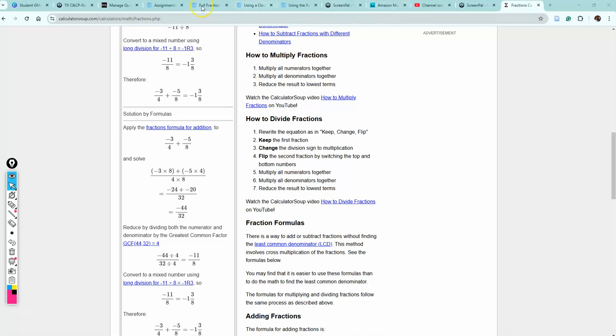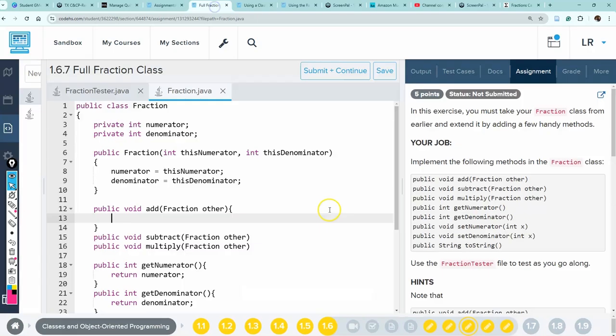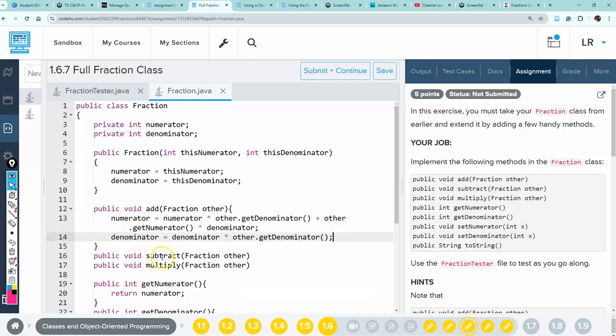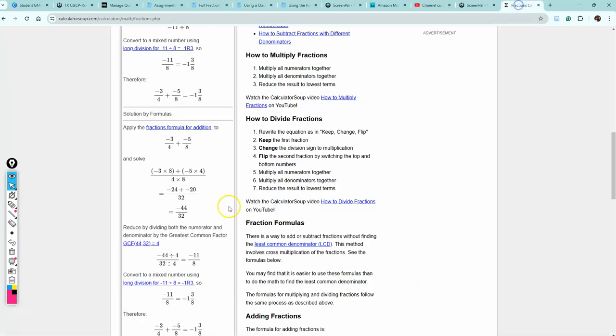But to write all that, let me go back over and take a look at that. I have that already set up for us. Copy. And this is what it would look like. The numerator would be the numerator times the other denominator plus the other numerator times the denominator, because remember, we're going crisscross.